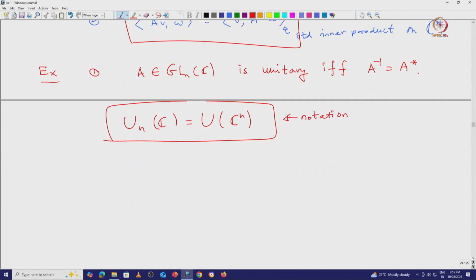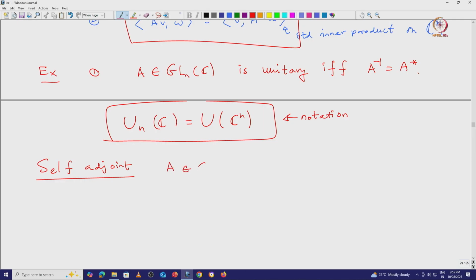Okay, now we will recall some of the basic definitions from matrix theory. We recall what is self-adjoint. A self-adjoint matrix is a matrix A whose adjoint is itself.